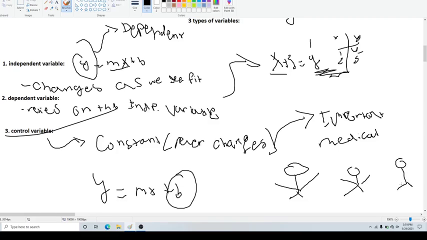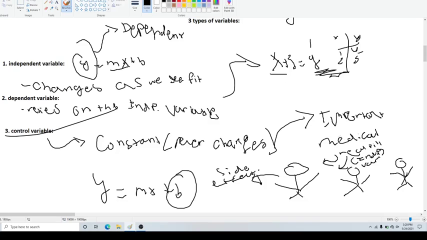So 2 people will actually get the pill, and we call that the independent variable. These people might see the side effects. It's just like our equation above.